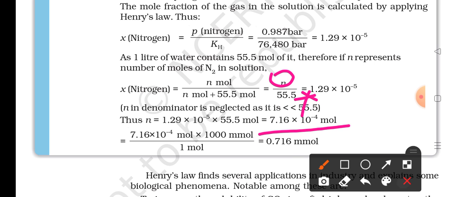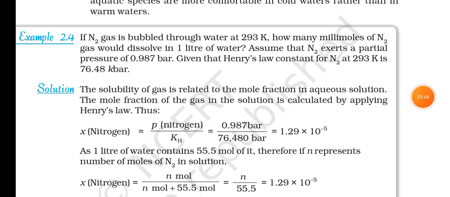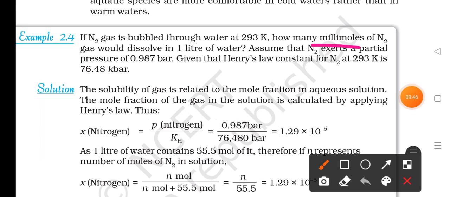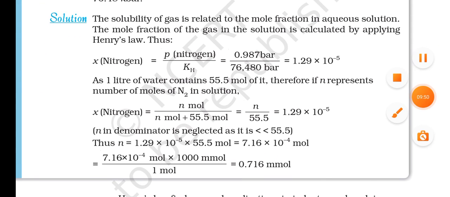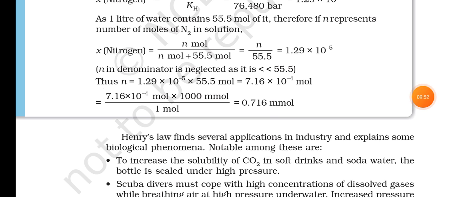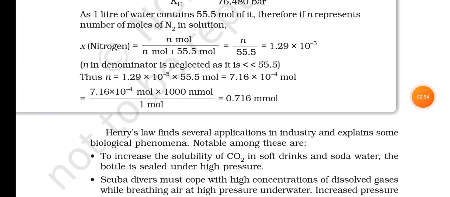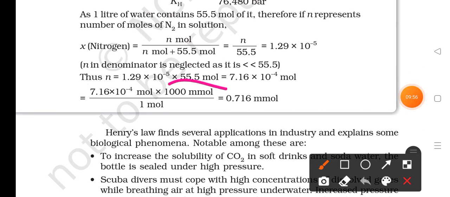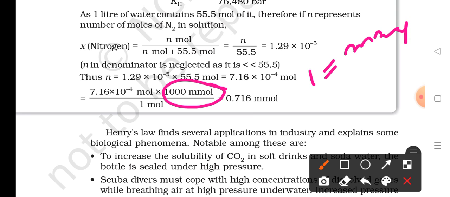But remember that the question asks for millimoles only. So to get it in millimole, we multiply it by 1000, because 1 mole equals 1000 millimole, and we get it in millimole.